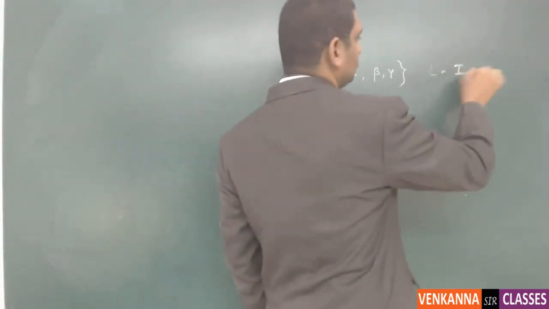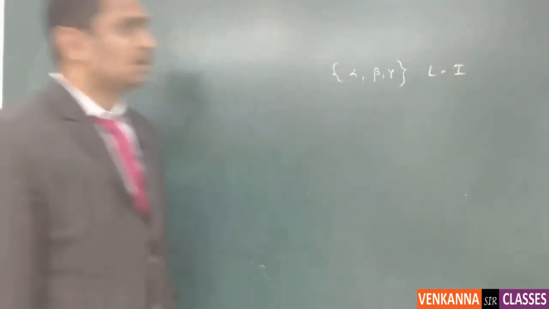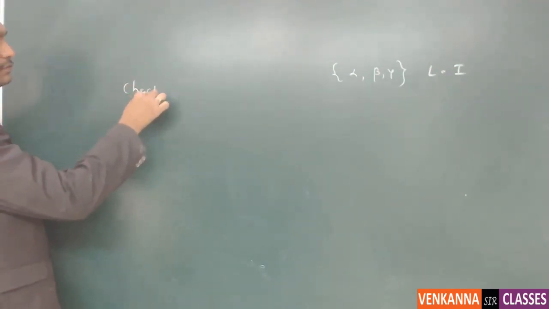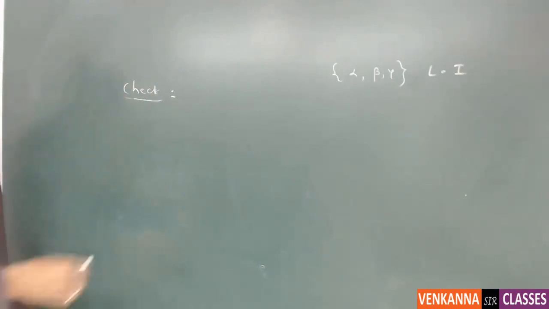Alpha, beta, gamma. This is an LI set. Now, I want to check if you sum them.